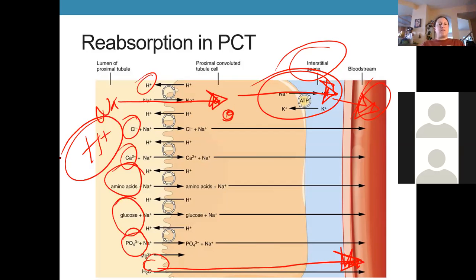Because most of this stuff is positively charged, so we're moving something positively charged back. We're exchanging charges in order to do this. Okay, so all of this is secondary active transport. A little bit of it is some diffusion. The fatty acids, by the way, are just simple diffusion in because they're hydrophobic, and so they can cross the membrane without needing assistance.